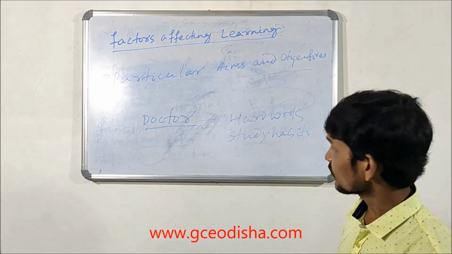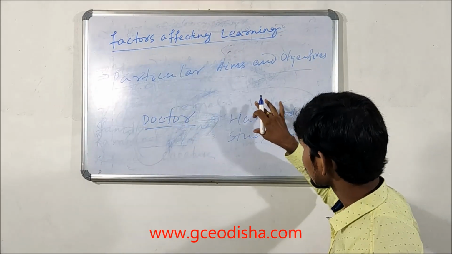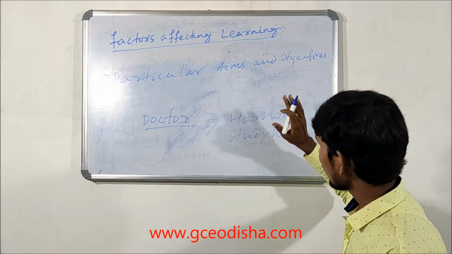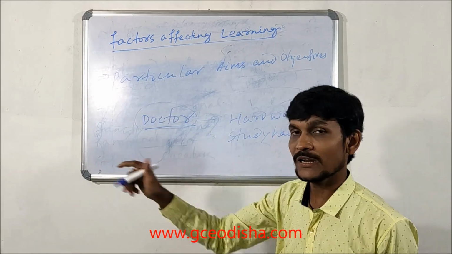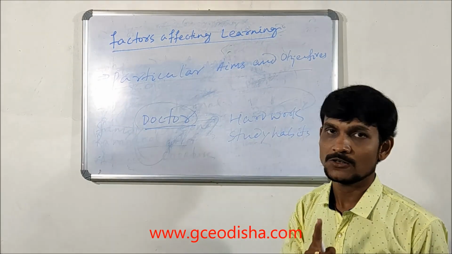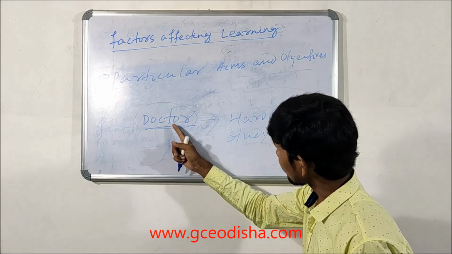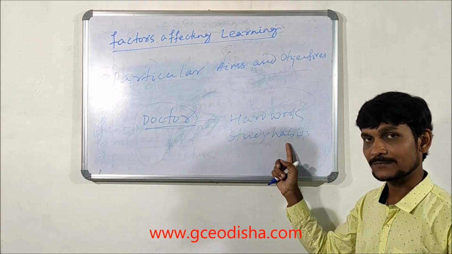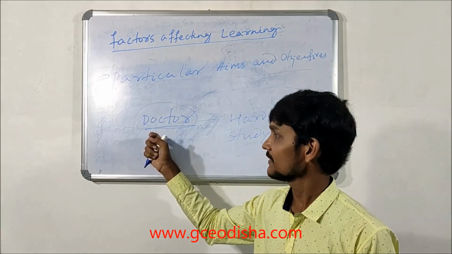So these are the objectives. This is my aim. I will take my objectives and fulfill my aim. My aim is a particular aim: I want to become a doctor. This is my particular aim. Behind this are my objectives. According to my objectives, I will arrive at my aim.